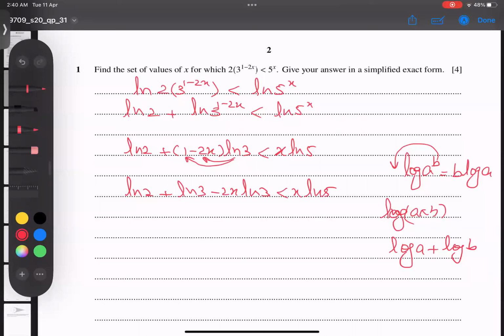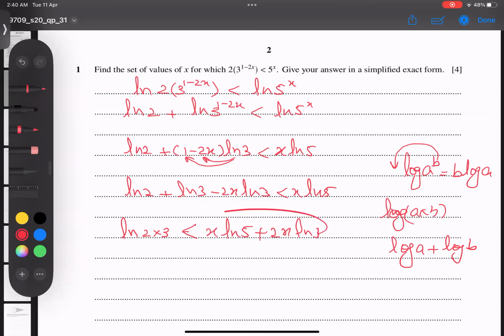Now, if I bring this part here, on the left hand side I get log of 2, plus log of 3. I can go in reverse here, because he is asking for exact form. So I can say here 2 times 3 less than x log of 5 plus 2x log of 3.